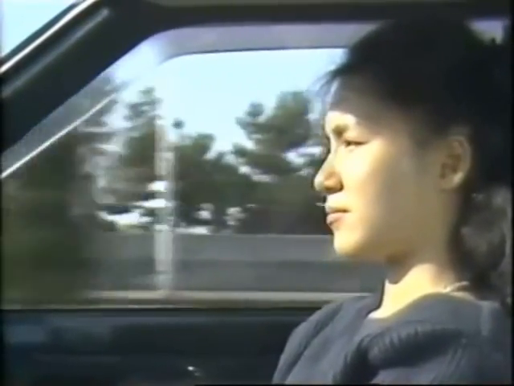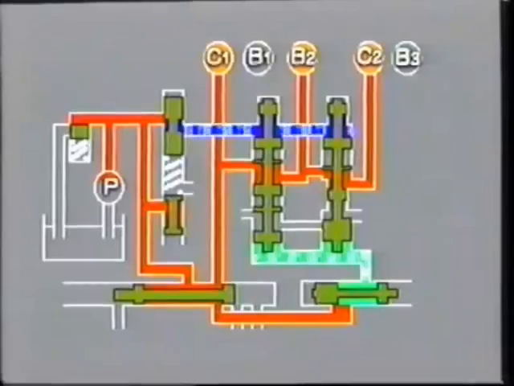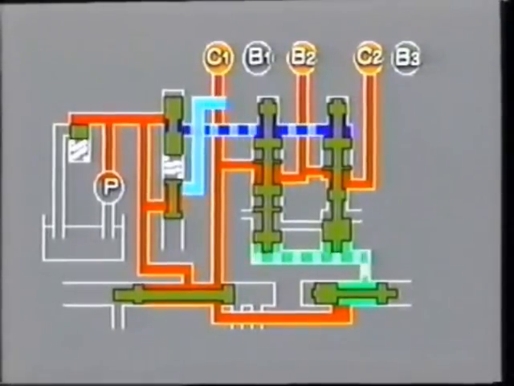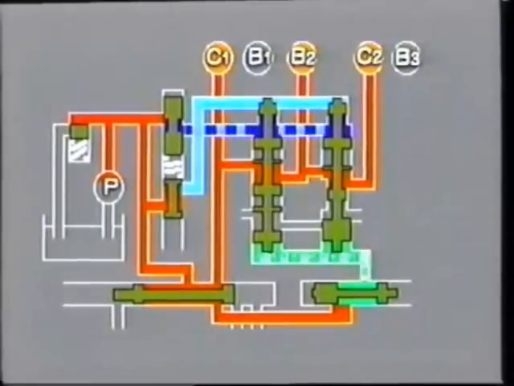Now, supposing the transmission is in third gear and the driver wishes to accelerate the car quickly, so she suddenly steps on the accelerator. When she does this, the downshift plug moves up, opening up the fluid passage leading to the upper ends of the 1-2 and 2-3 shift valves.